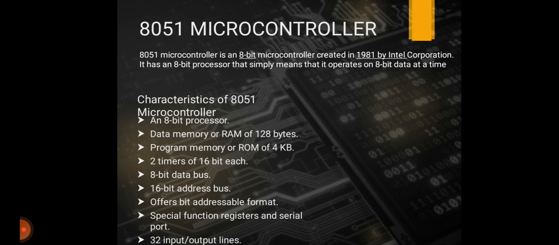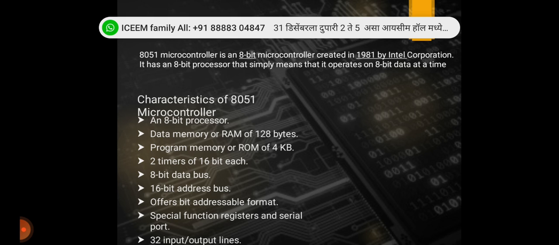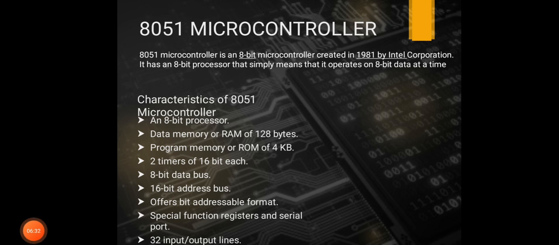A microcontroller is nothing but an IC, or we can say it is the brain of the computer, having the capacity of decision making. And the first microcontroller was developed by Motorola. A microcontroller is made from a microprocessor, and the programming language used in this microcontroller is C or Python.